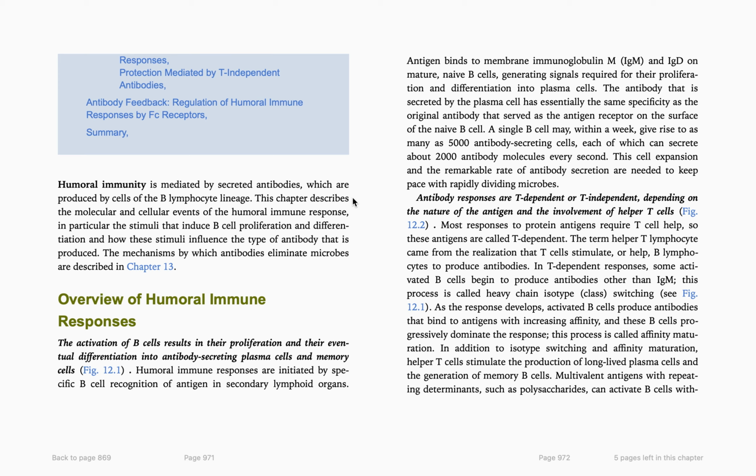Antigen binds to membrane immunoglobulin M, IgM, and IgD on mature naive B cells, generating signals required for their proliferation and differentiation into plasma cells. The antibody that is secreted by plasma cells has essentially the same specificity as the original antibody that served as the antigen receptor on the surface of the naive B cells.